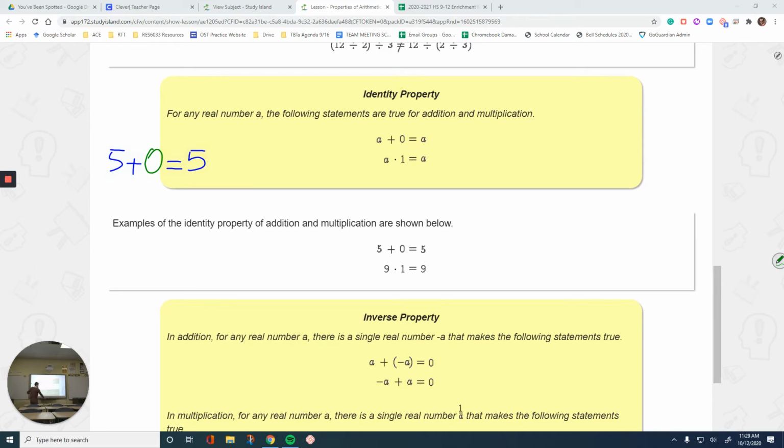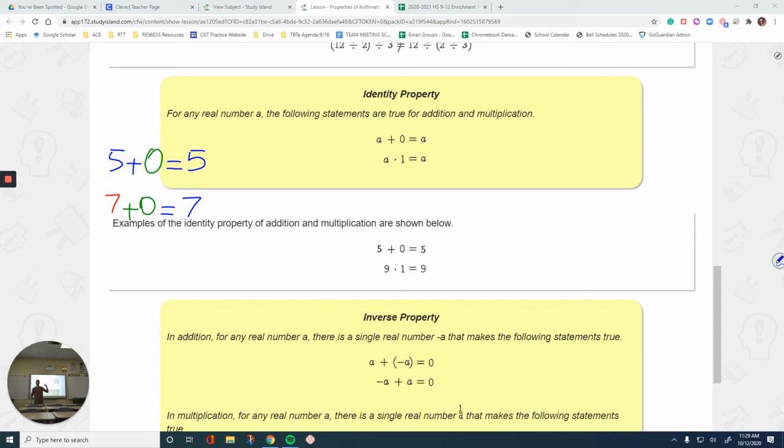Let's say your number is 7. So if you add 0 to 7, the answer is going to be the same as your original number. So that's what identity is called or defined. For multiplication, what number do you need to multiply 5 by to end up with itself? So that's 1.